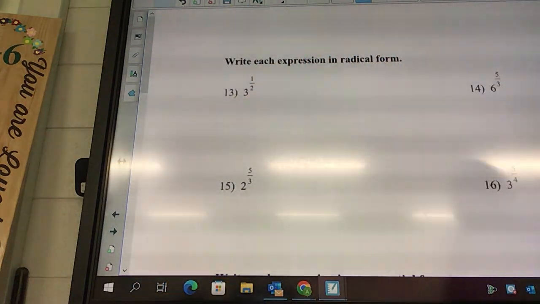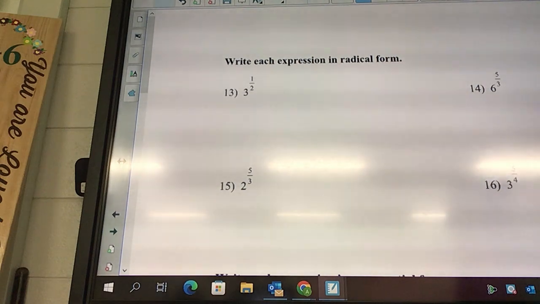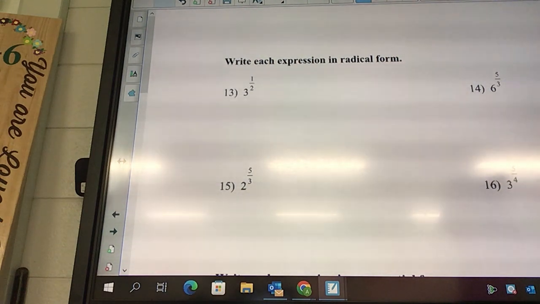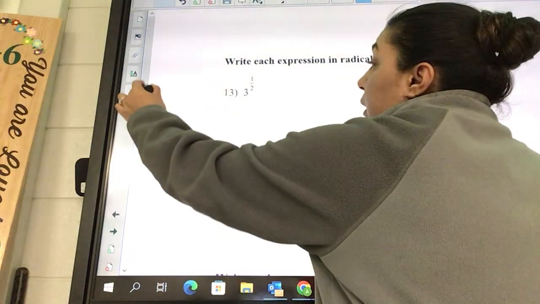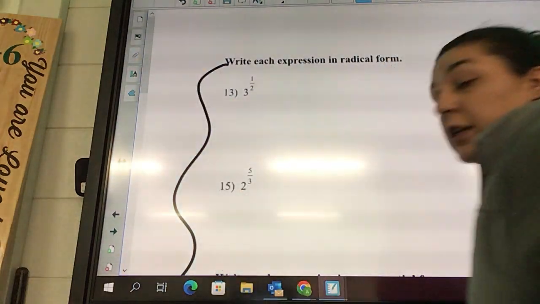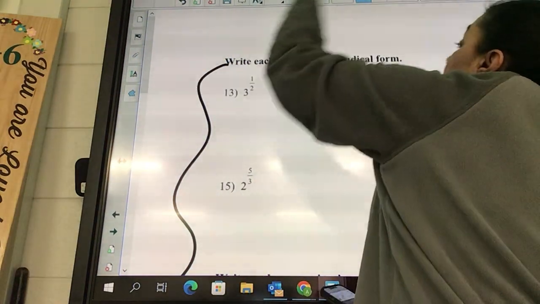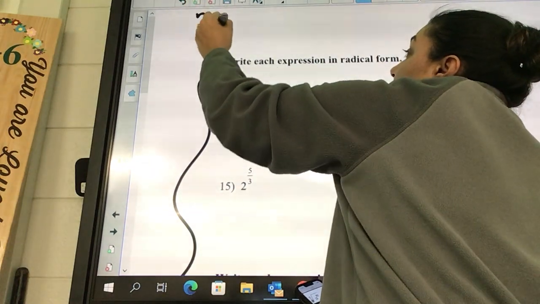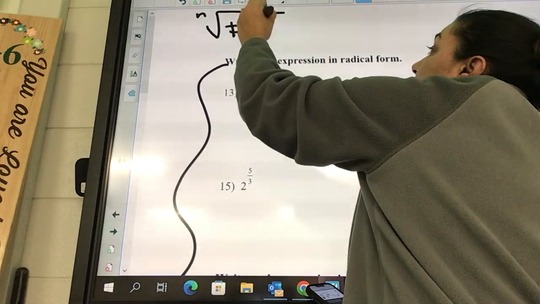Okay, the next section on here wants you to write it in radical form. Numbers 13 through 20 all go in this form. It's just like what we did yesterday, so make sure that you have the formula on the sheet. It goes n square root of the number to the n.